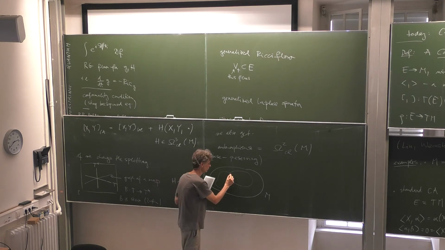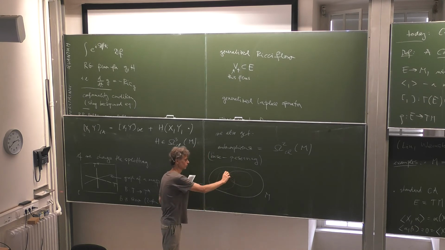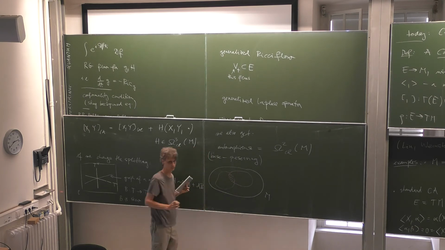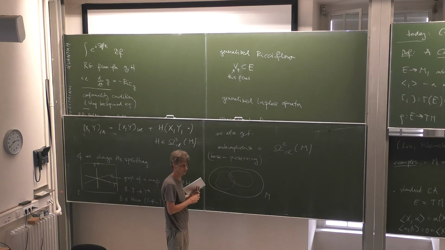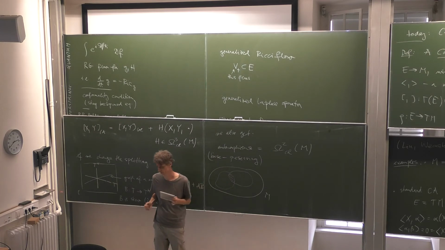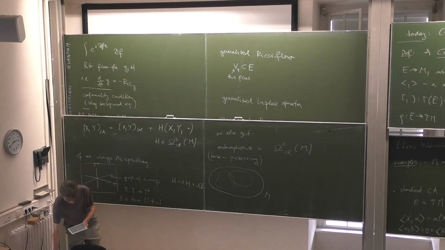But then on the overlap, we're going to glue those two standard Courant algebroids using a closed two form. So that's another point of view on how to understand those exact Courant algebroids. Okay.